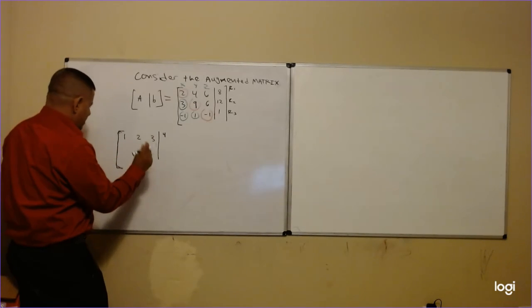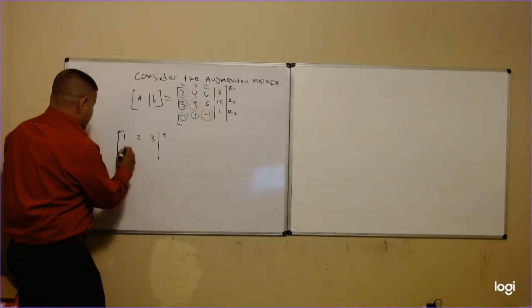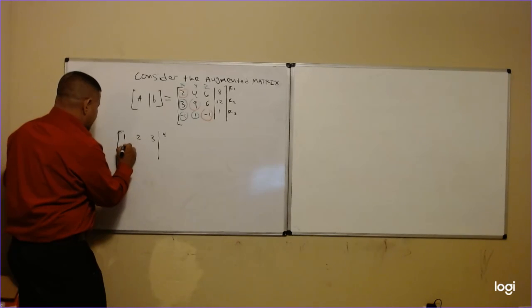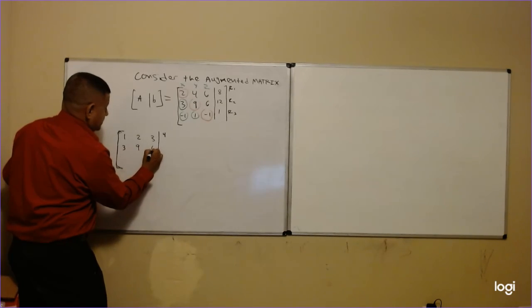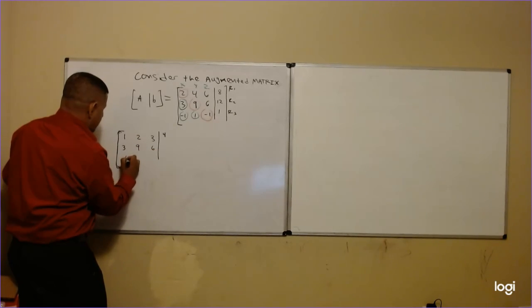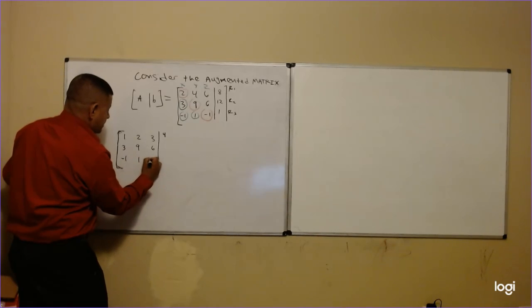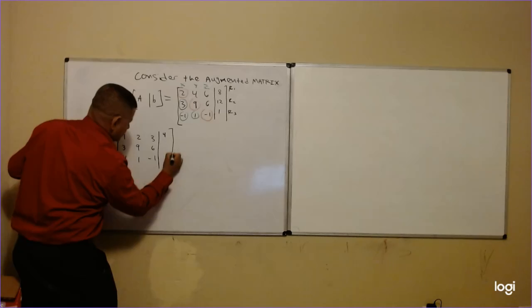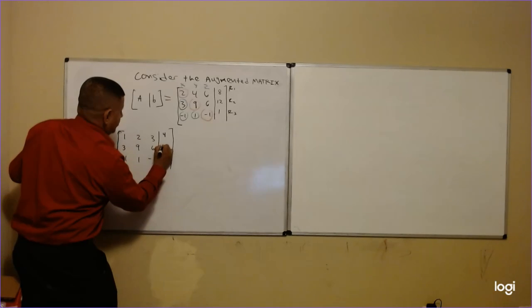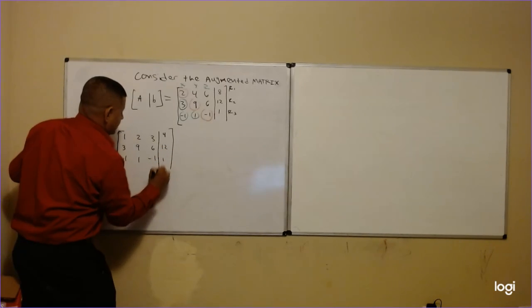Then the 3 stayed the same. The second stayed the same for now. 3, 9, 6, negative 1, 1, negative 1. And of course, here I gotta do 12. I gotta do 1, right?